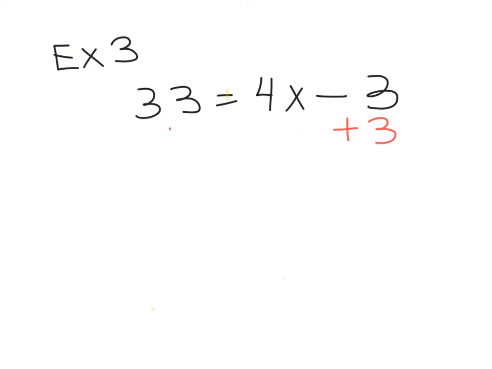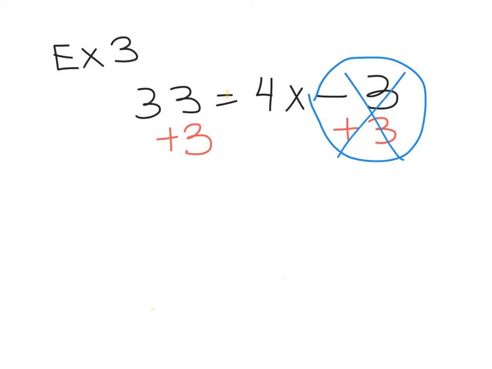And I will add 3 on this side also. When I subtract 3 and add 3, that makes 0, so that's gone. And now I'm left with, on my left-hand side, 33 plus 3, which is 36. And on the right side, I have just the 4x.